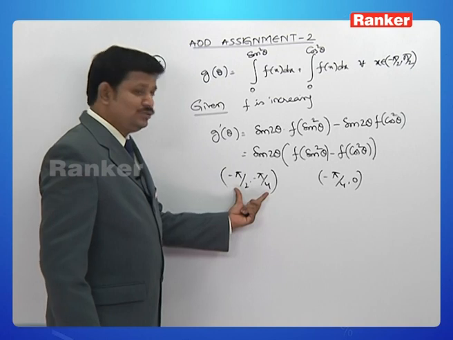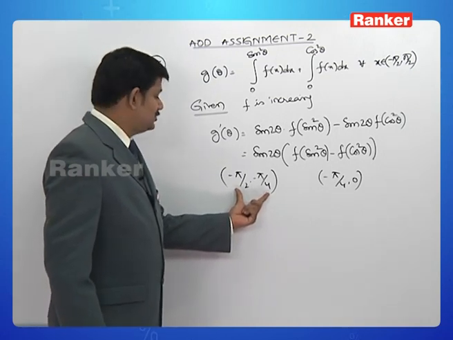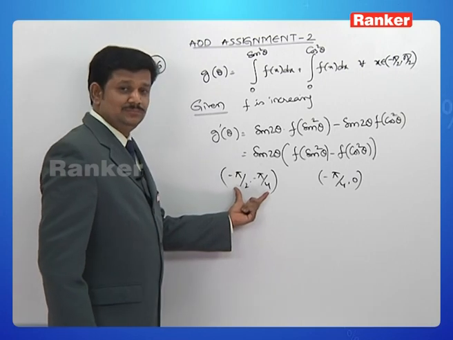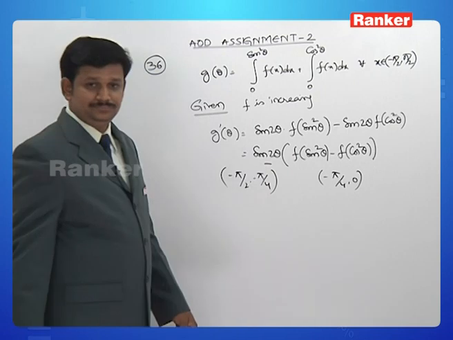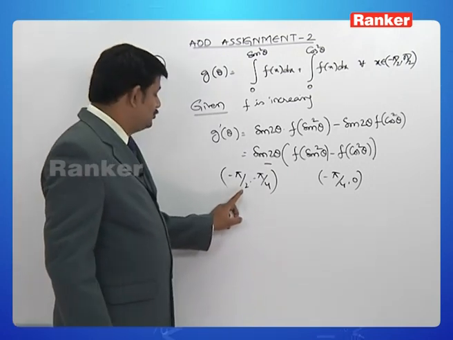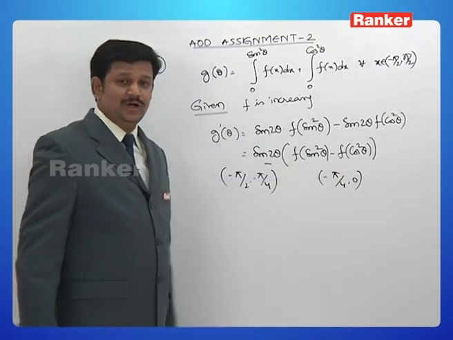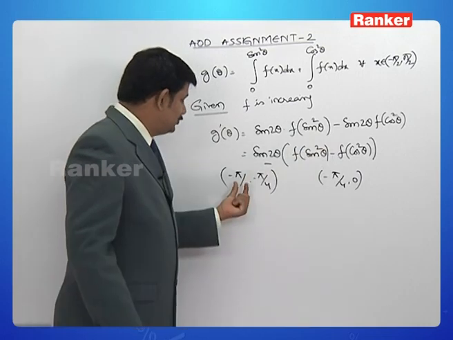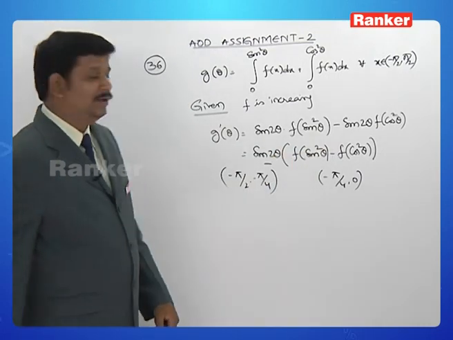From minus pi by 2 to minus pi by 4, 2 theta falls between minus pi and minus pi by 2, which is third quadrant, and sin 2 theta is negative. The magnitude of values of sin square theta will be more than the magnitude of values of cos square theta. Cos square theta values will be closer to 0 and sin square theta values will be closer to 1.